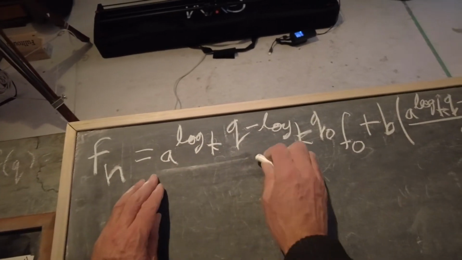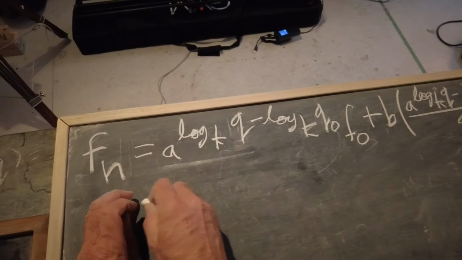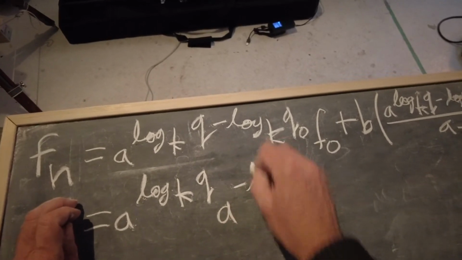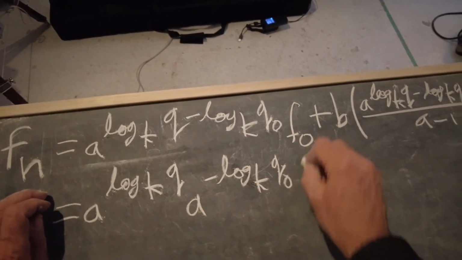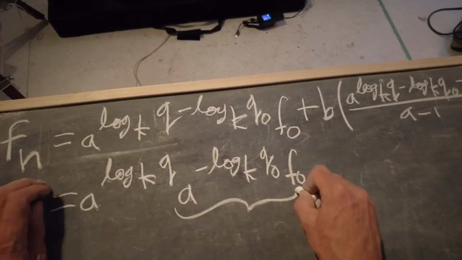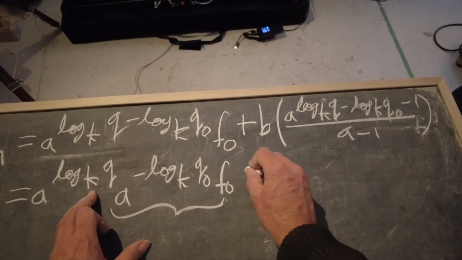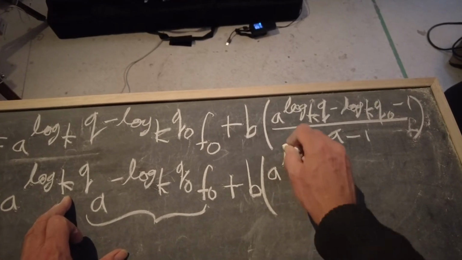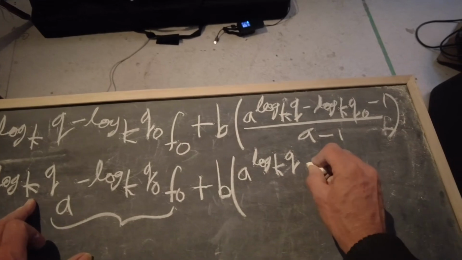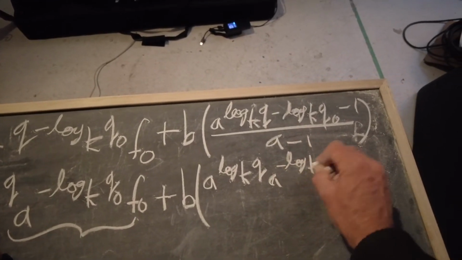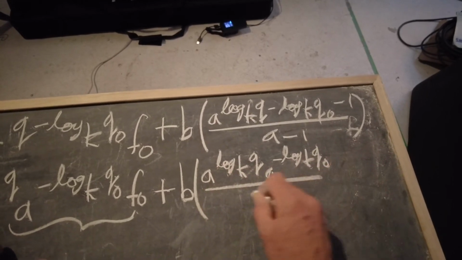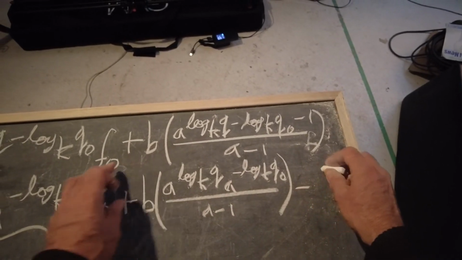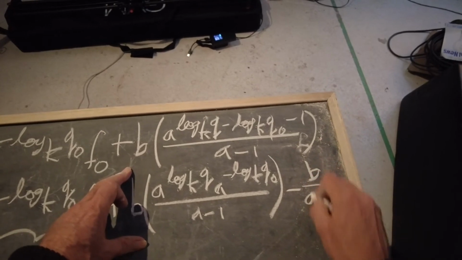So I can bring that out and say, okay, this is a to the log k of q times a to the minus log k of q0 f0, and you can see this is just a constant times a to the log k of q, plus b times a to the log k of q a to the minus log k of q0 underneath a minus 1, and then I can multiply this out, and it's just minus b over a minus 1.